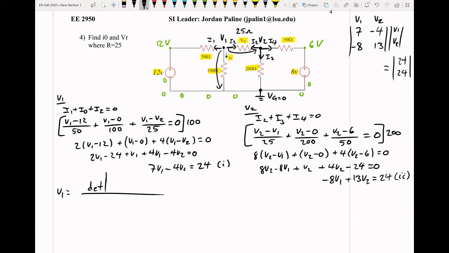So going through, solving for V of 1: 24, 24, -4, 13, over the determinant of 7, -8, -4, 13.